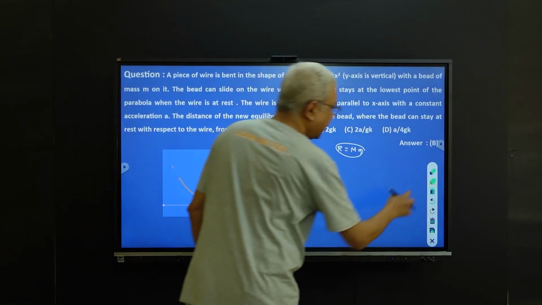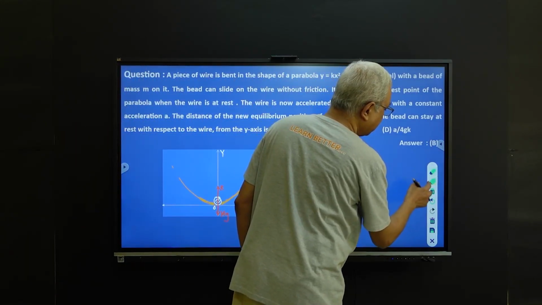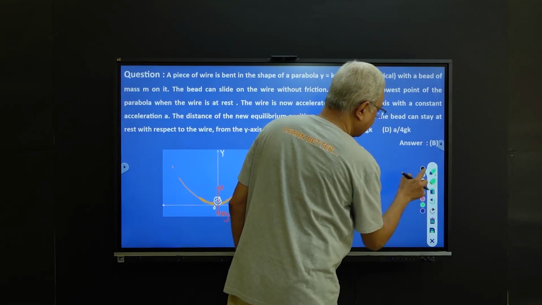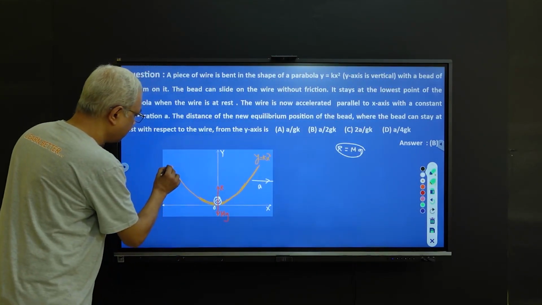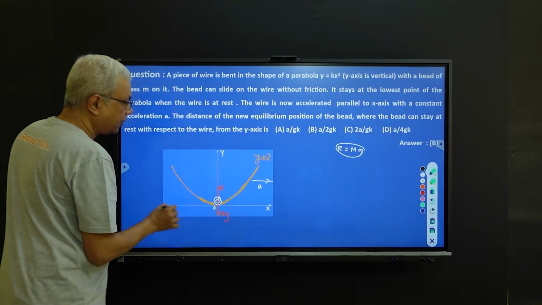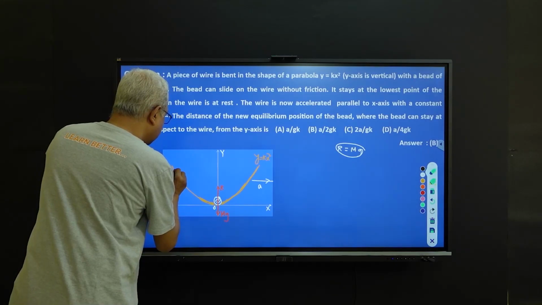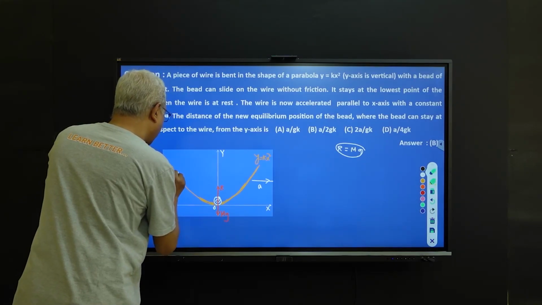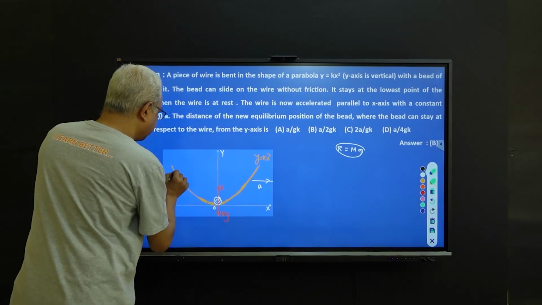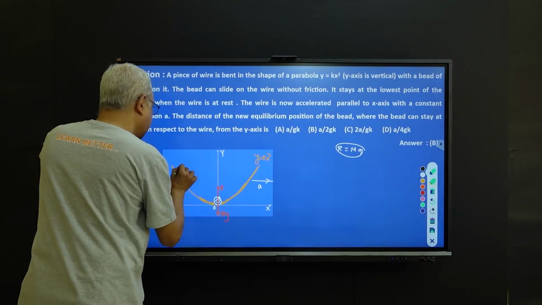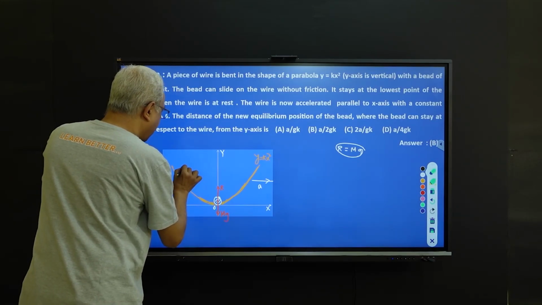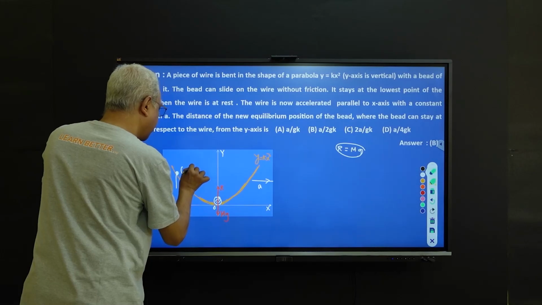Let us assume the new point of equilibrium has a coordinate like this. The bead is at this point and its coordinate is, say, alpha, beta.